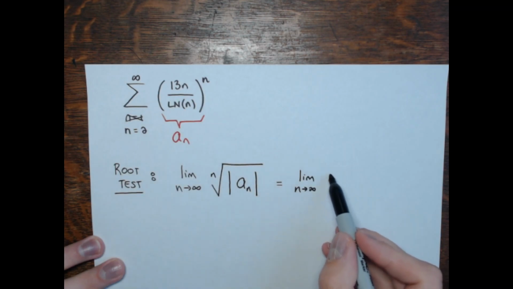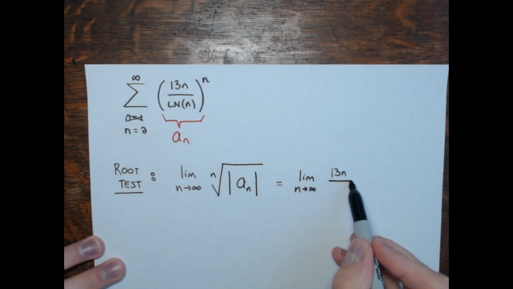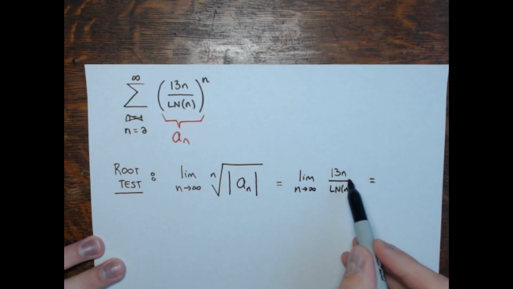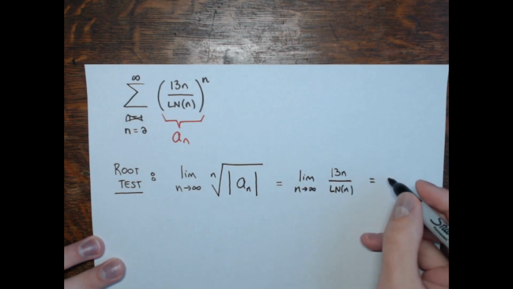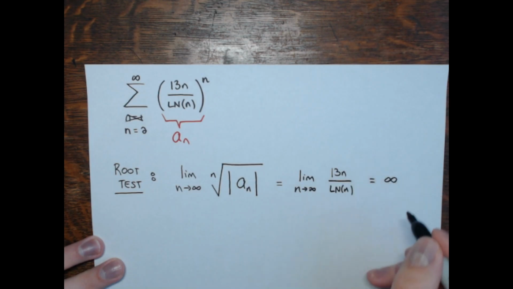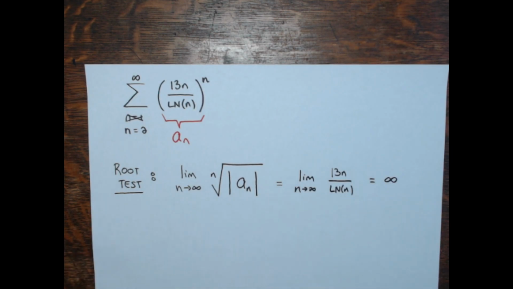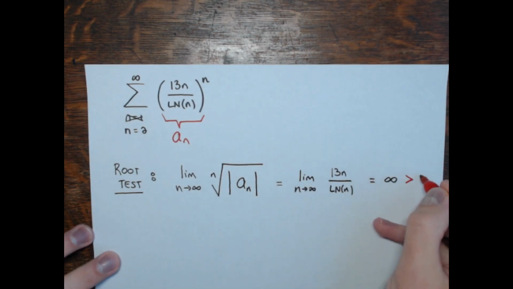So I'd be left with just 13n over the natural log of n, which is infinity over infinity. But if you applied L'Hopital's rule here, you'd see this was infinite. Polynomials are much larger eventually than logs, so the numerator would be getting a lot larger than the denominator. So this limit is infinite, which is definitely greater than 1.